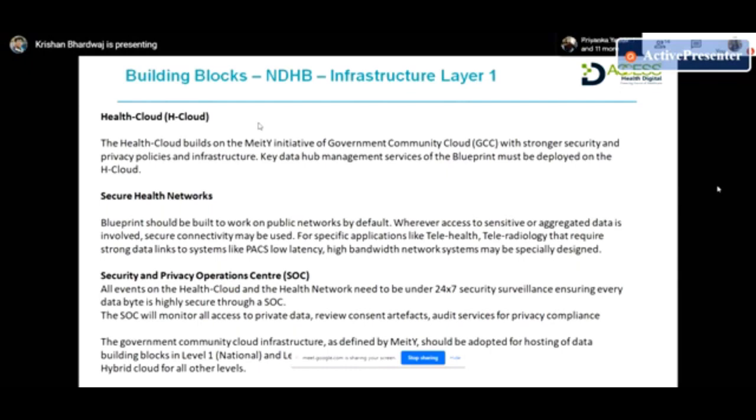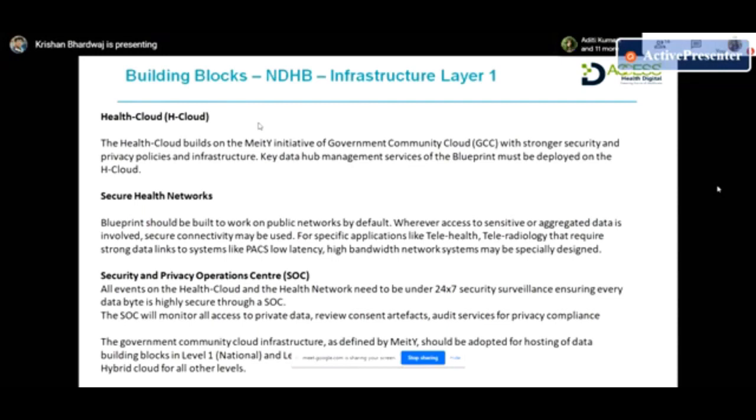They can access all the data packets in the network transport layer. So government specifically wants to ensure transport level security, and all these health networks should be secure VPN or MPLS clouds. Different networking models are there to ensure that all aggregation of data or access to the data is done through secure connectivity.